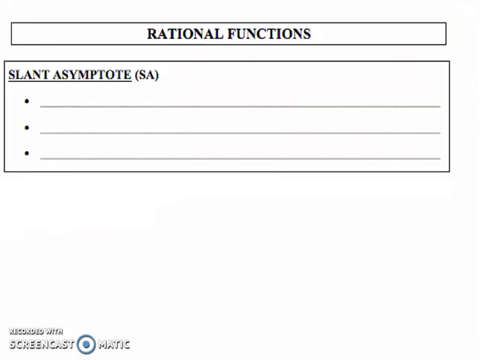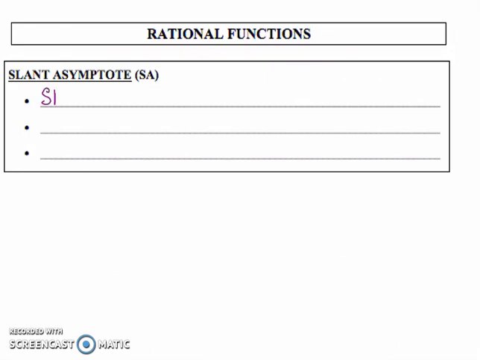The last thing that we need to talk about is rational functions that have slant asymptotes. You were all wondering, why do we need to be able to do polynomial long division? Because of slant asymptotes. Let me explain, okay?